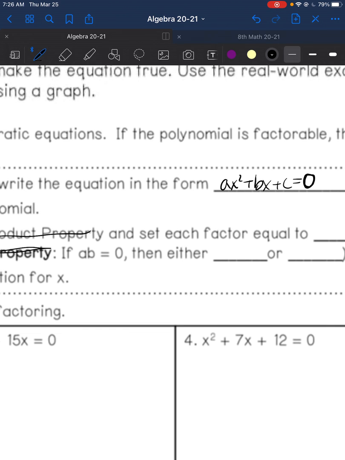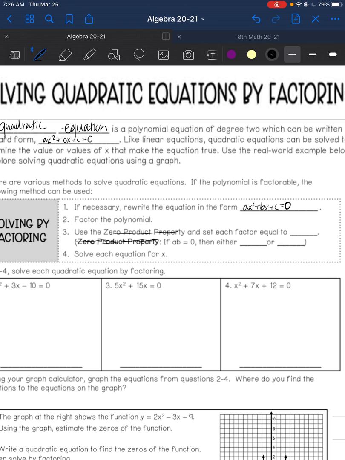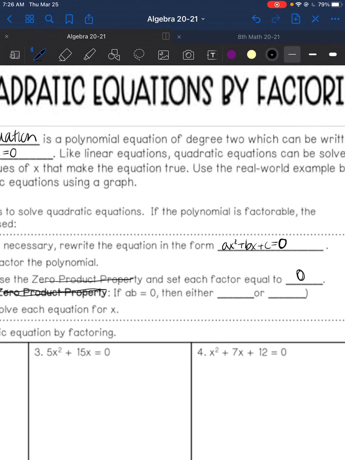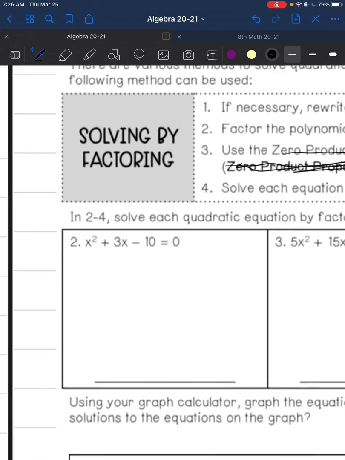If there's a number on that side, you have to move it to the other side. Then you factor the polynomial, set each factor equal to 0, and solve each equation for x. Now let's show you what that means.